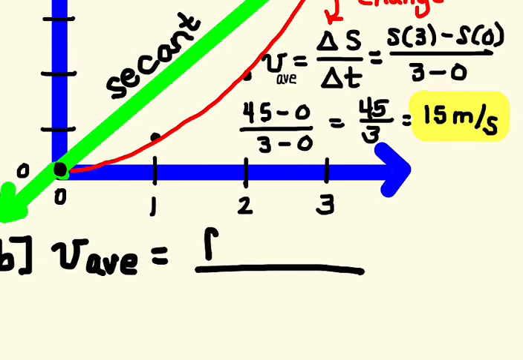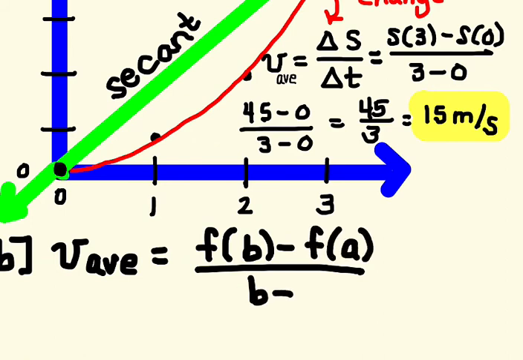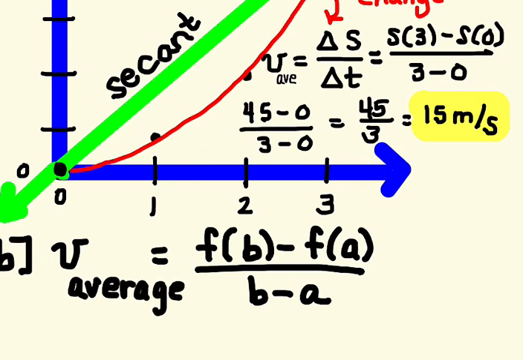And the change in distance for any function f of t, this is just the standard form, is f of b minus f of a over b minus a. Does that make sense to everybody? So this is the average velocity, and so that you know when you look at this later, I'm going to move this down and write out the whole word, average, so that you know this is average velocity. We're looking at velocity.